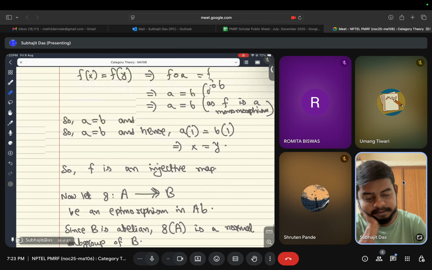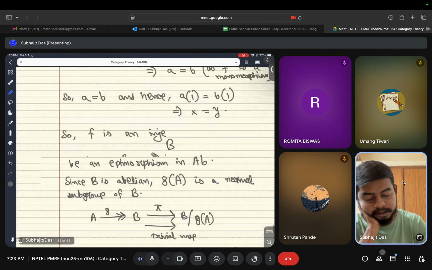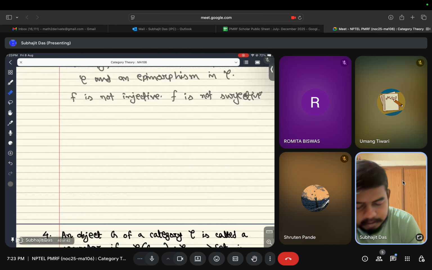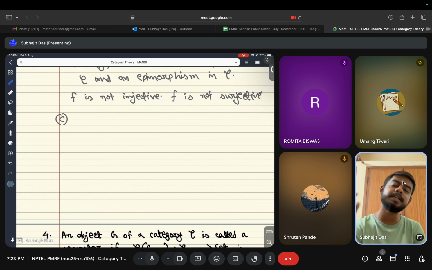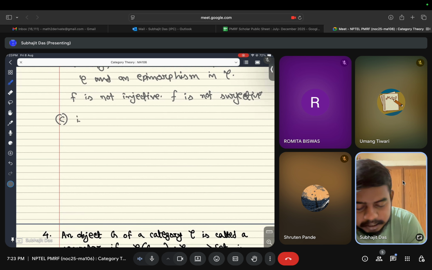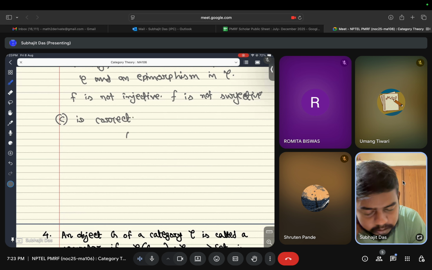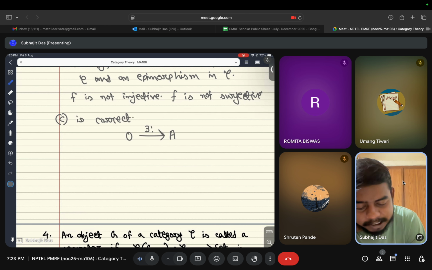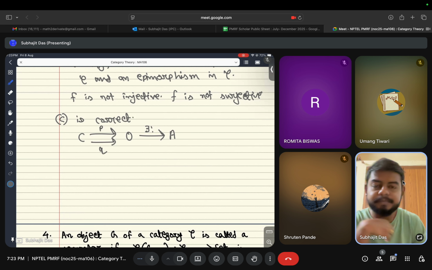So option C is correct, and in fact this is true for terminal objects and initial objects. For the unique map from 0 to A, take an arbitrary object C and two maps P and Q from C to 0.